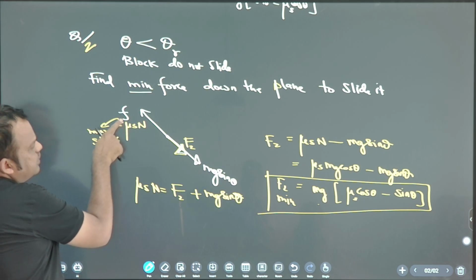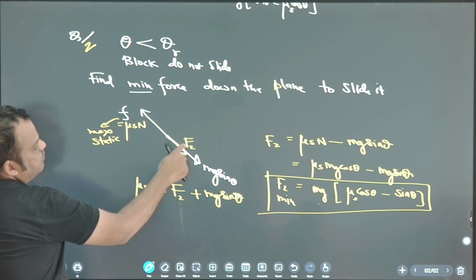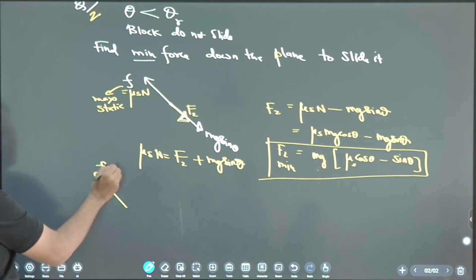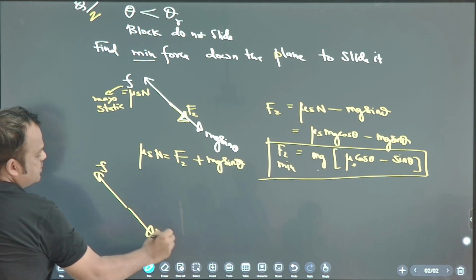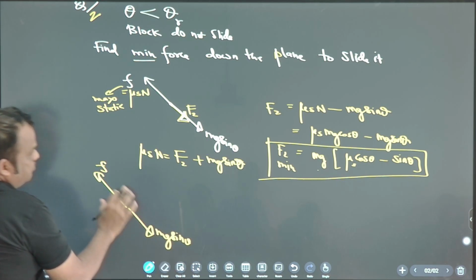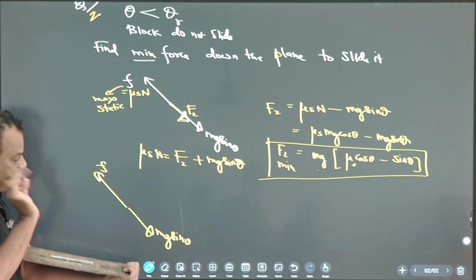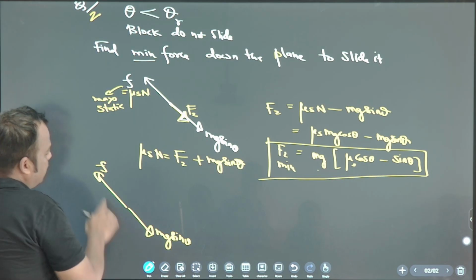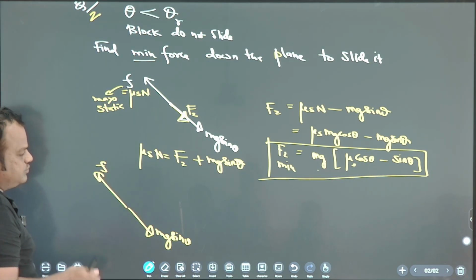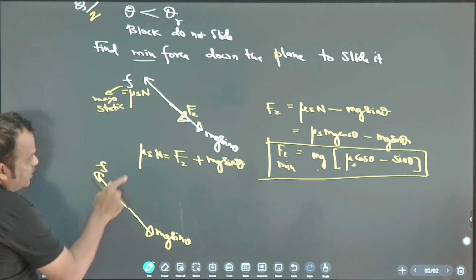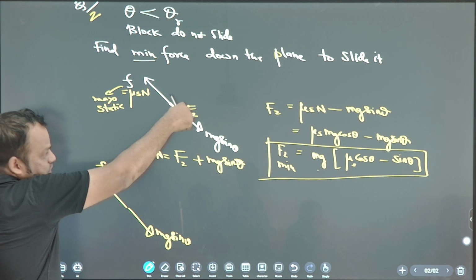See, when F2 is not acting, friction is acting up the plane, mg sin theta is acting down the plane. Now the block is not moving. Correct? How much is friction? Mg sin theta. But now I am exerting F2.